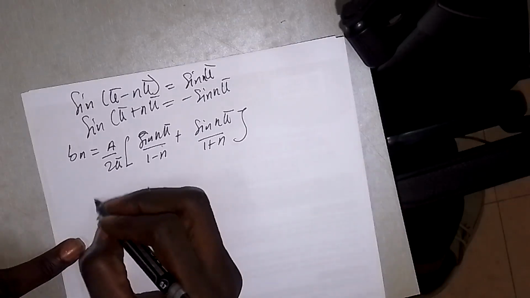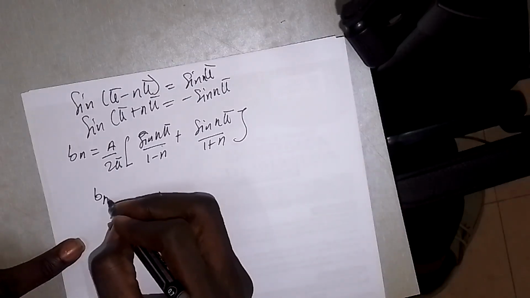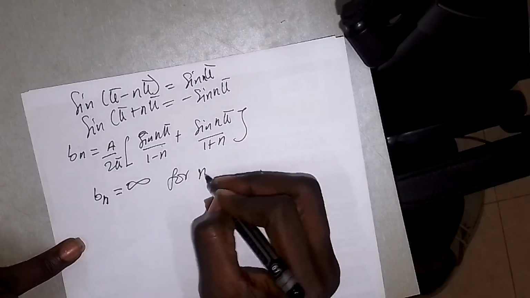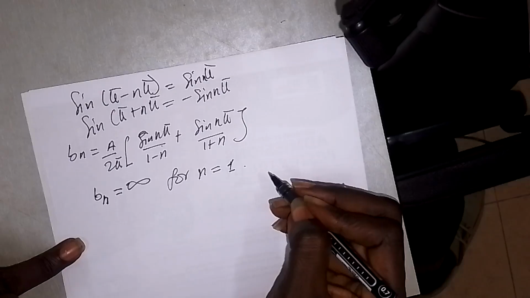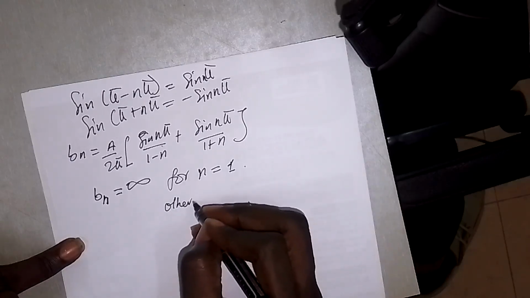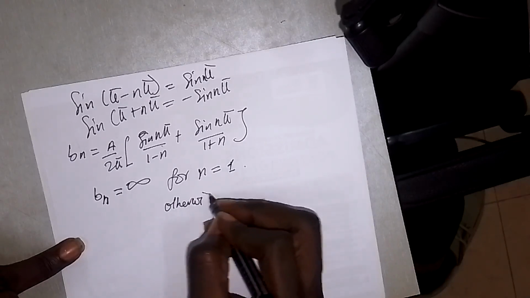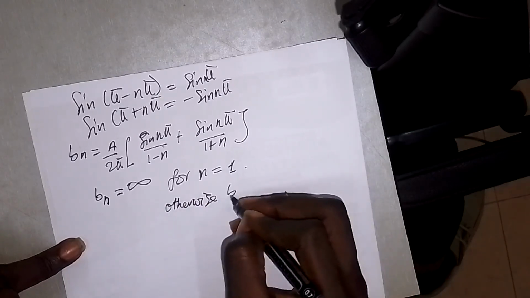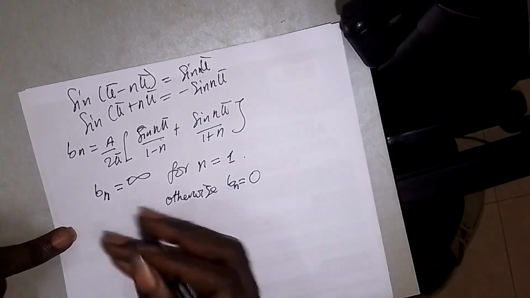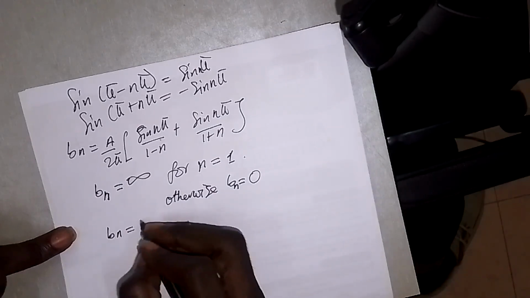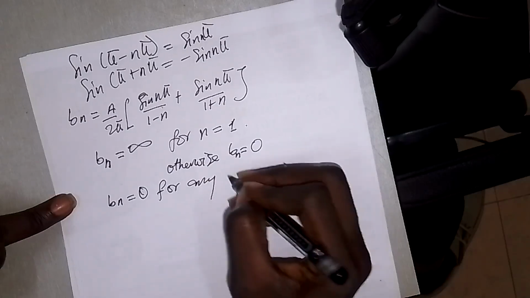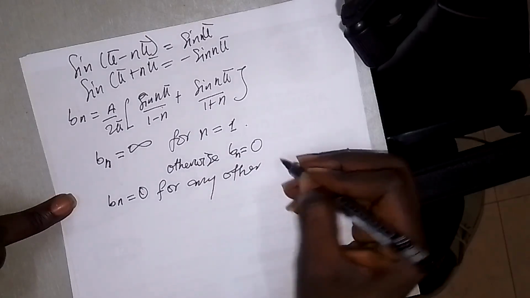0. So Bn equals infinity for n equals 1. Otherwise, Bn equals 0 for any other number.